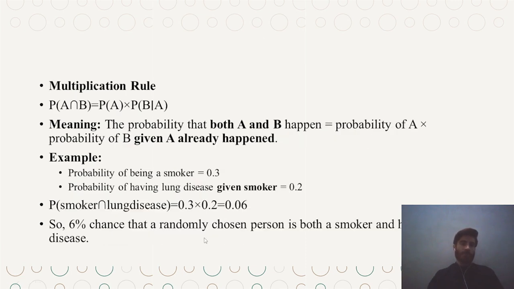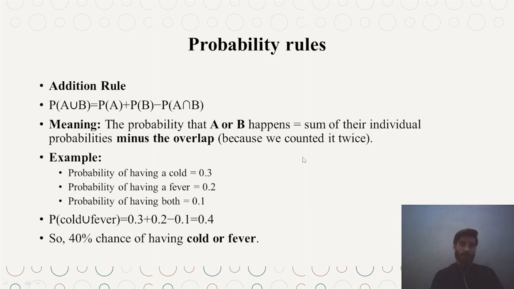There is a difference between the addition and multiplication rule. In the multiplication rule, the last probability shows us both the results in the same patient. But this probability shows us that the collective probability will give us either cold or fever.